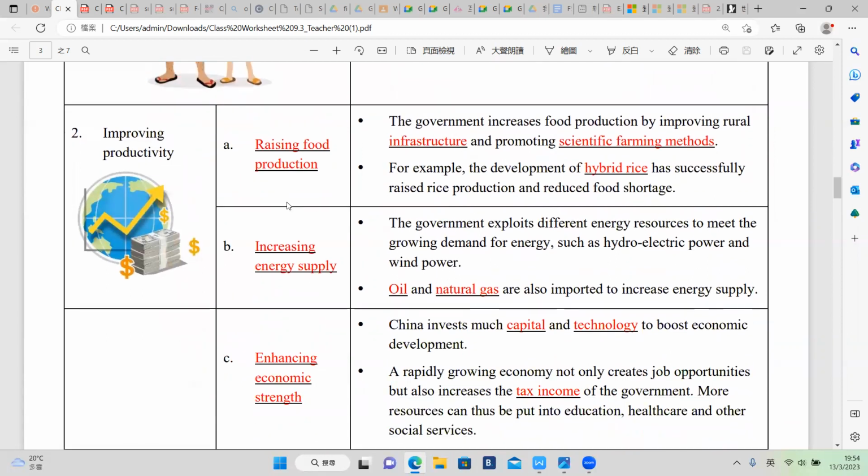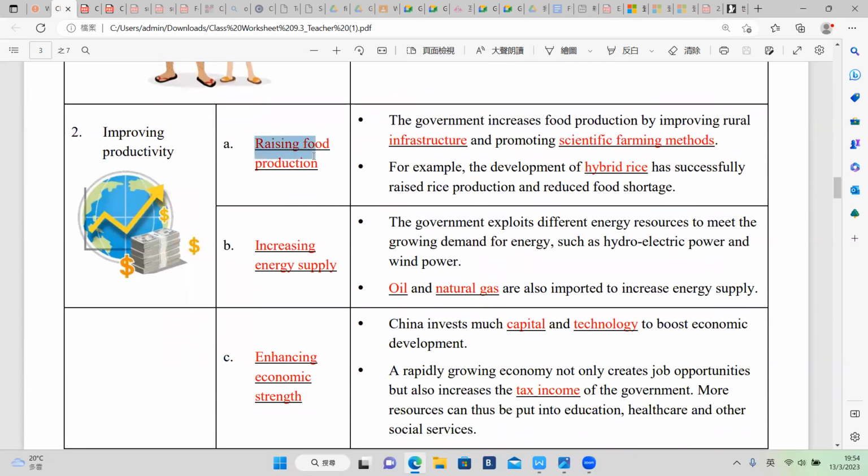How about improving productivity? It may raise food production. For example, we can improve rural infrastructure and promote scientific farming methods, like hybrid rice. We can also increase the energy supply.